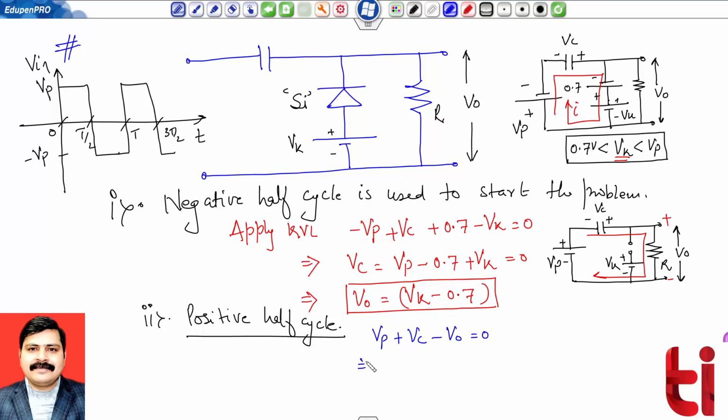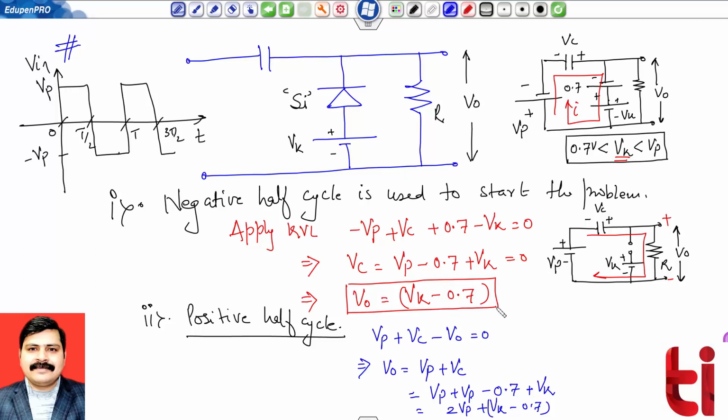That means my V naught will be equal to simply Vp plus Vc, or I can put the value of Vc, so it is Vp plus Vp minus 0.7 plus Vk. That means twice Vp plus Vk minus 0.7.